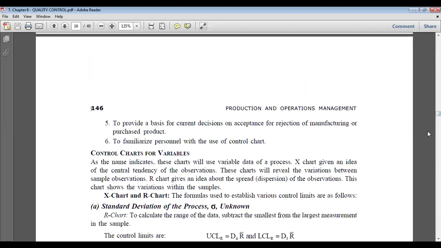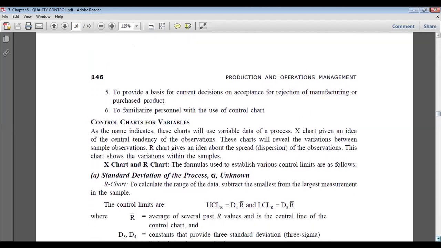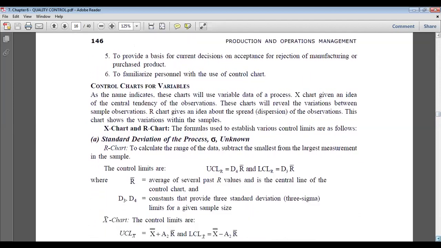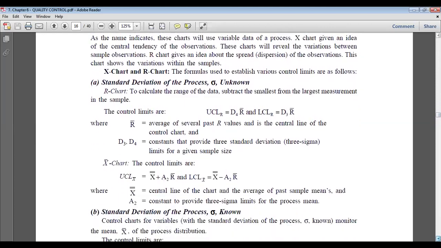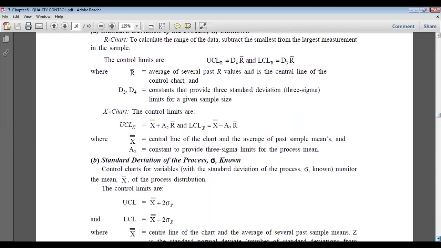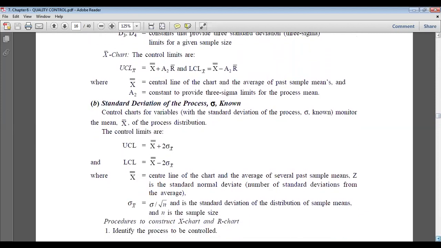This is the main procedure that we have followed, and then we have solved this example.